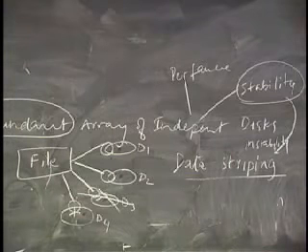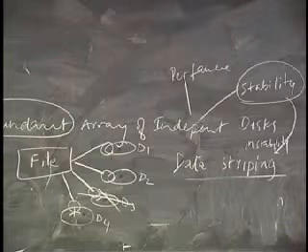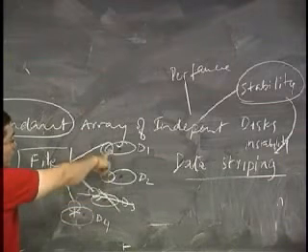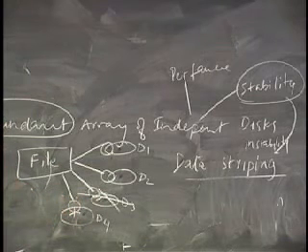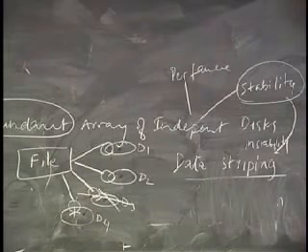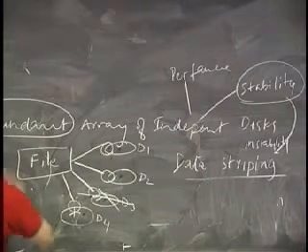You'll have to restore this disk, right? Because a part of this data was somewhere, this part was somewhere else. So you have to get this disk back. So what you do is you make a check disk. And this check disk, what it will do is, let me break this up.